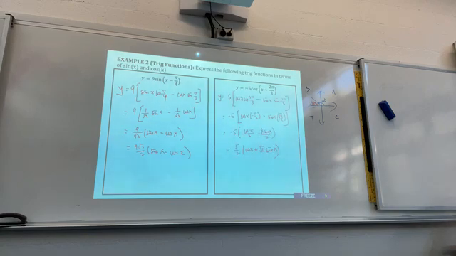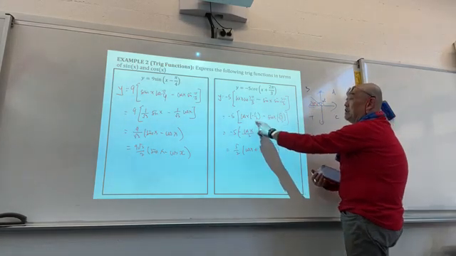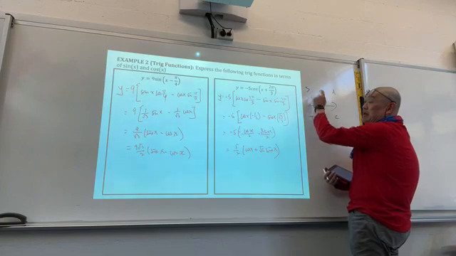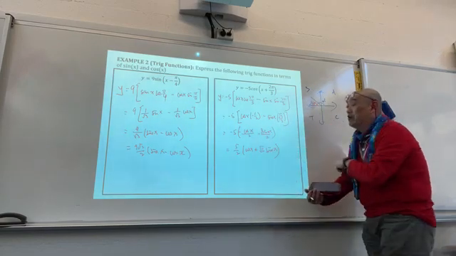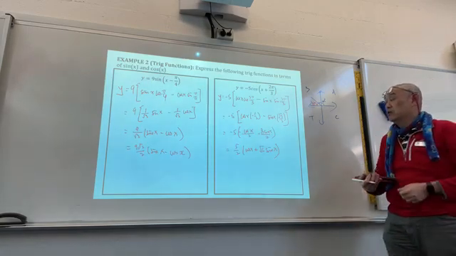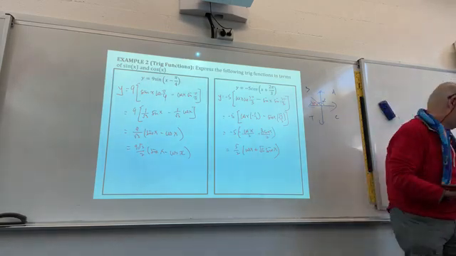And of course, you know the exact value of cos 2 pi over 3 and sine 2 pi over 3. Cos 2 pi over 3 is minus half because it's in the second quadrant. Sine is positive in the second quadrant. So therefore, you can work it out: 1 over 2 cos x plus root 3 sine x.